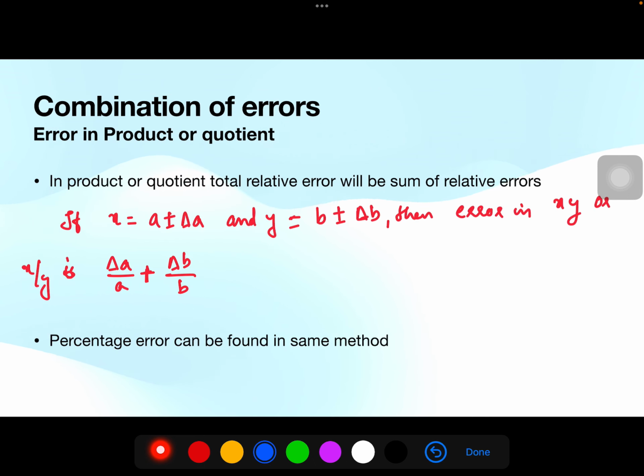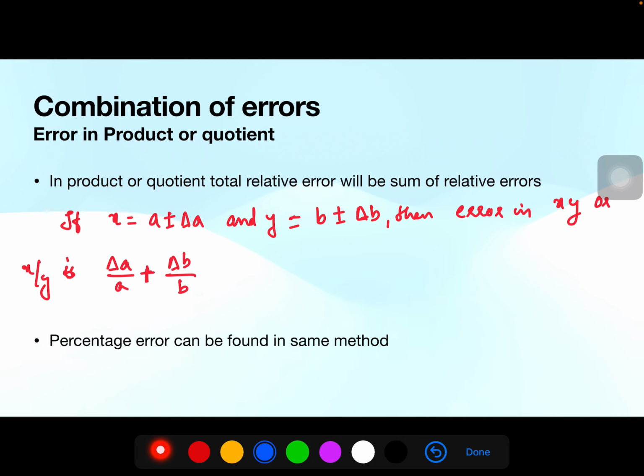Okay. If you are considering the case of product or quotient, if you are measuring a value and finding the product of those two measurements, or if you are calculating the quotient or division of two measurements, then in that case we will take the relative error of each measurement and then you have to add them.